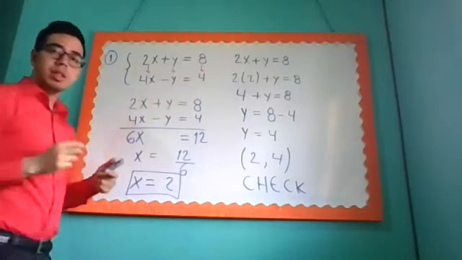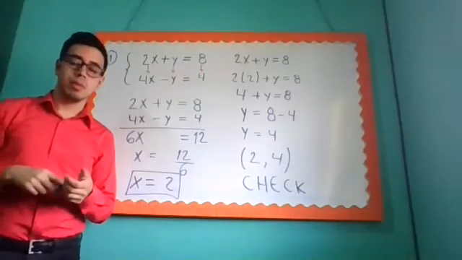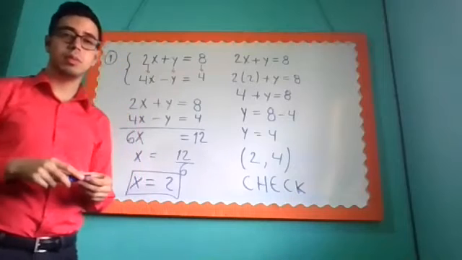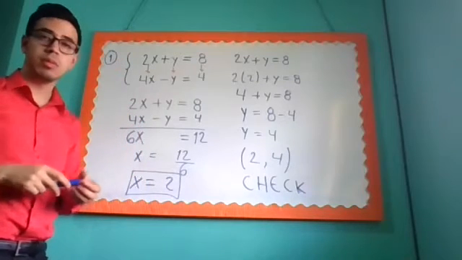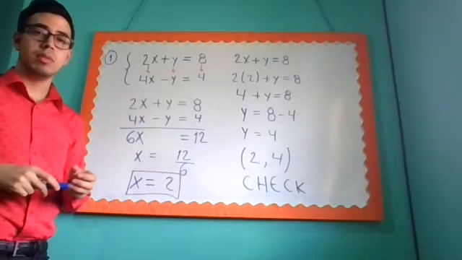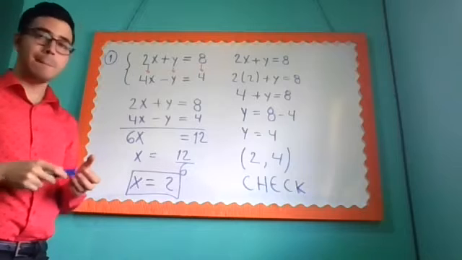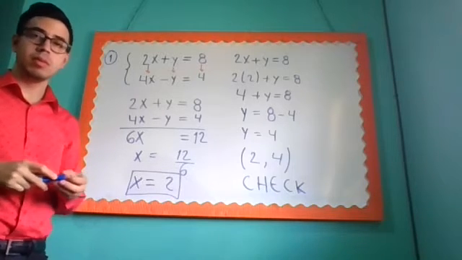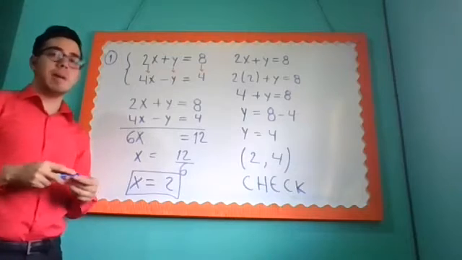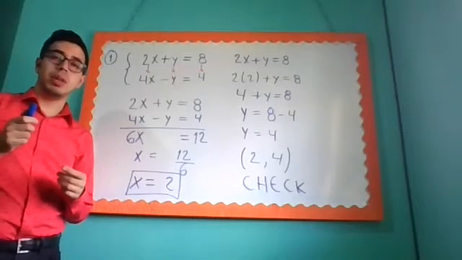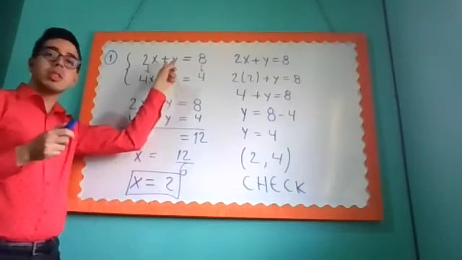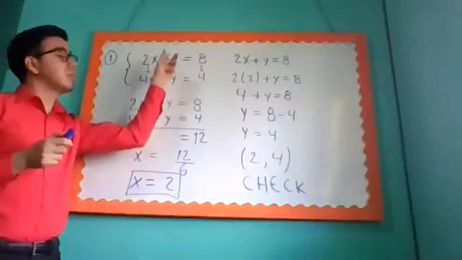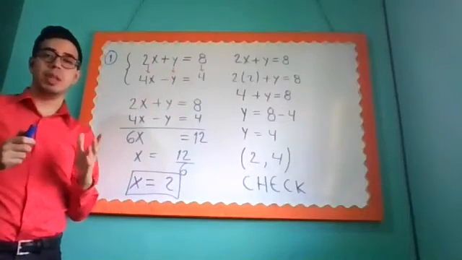Now that we are in that step, what happens if I subtract instead of add? Will there be any exercise where we need to subtract or add? Okay. The idea is to eliminate one of the variables. Here, it's so easy because the equation already gives you one positive and one negative.